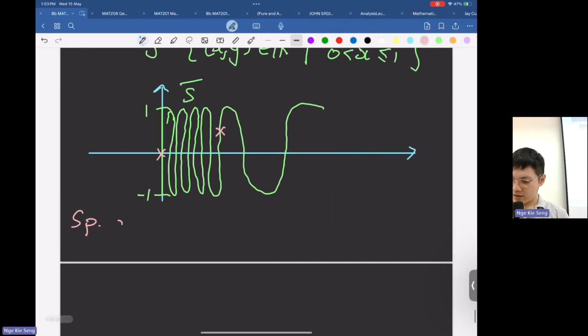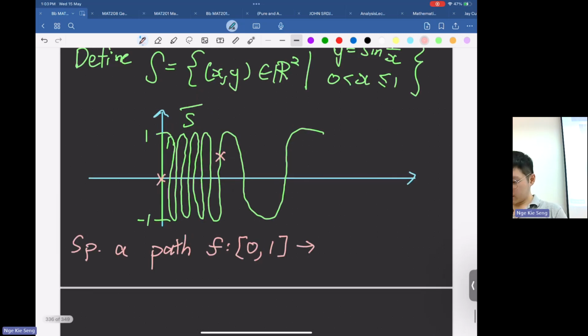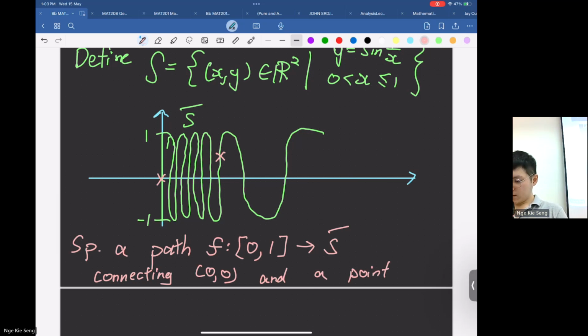Suppose there's a path. I think we'll spend about 10 minutes to talk about this. Suppose there's a path from, for convenience, can I straight away take it from 0 to 1, going from 0 to 1 into S bar, connecting the point (0,0) and a point in S? Is the point important?